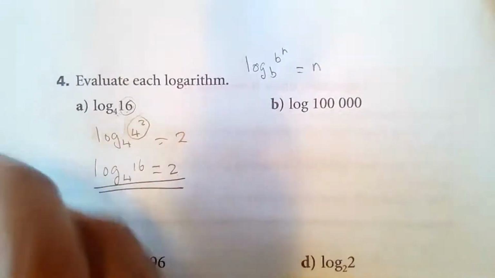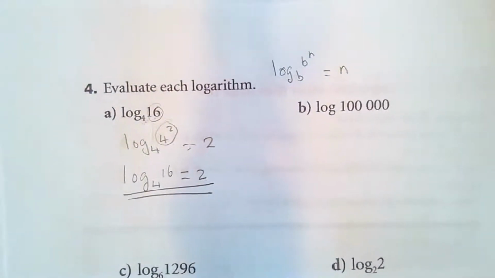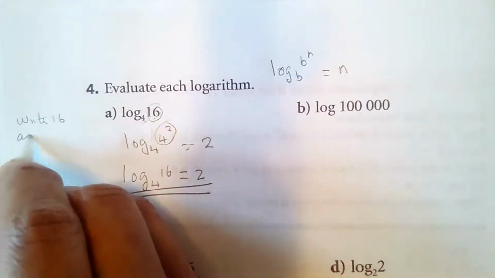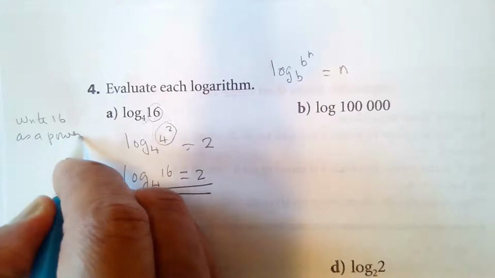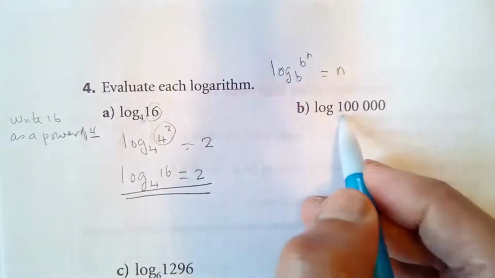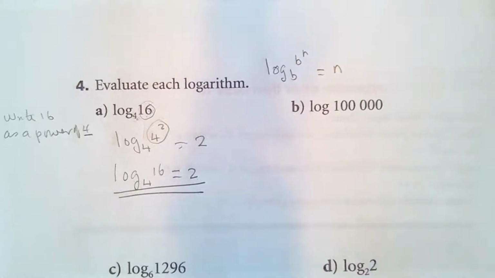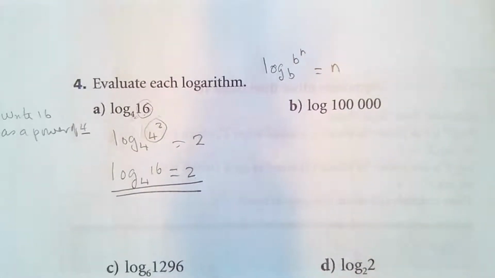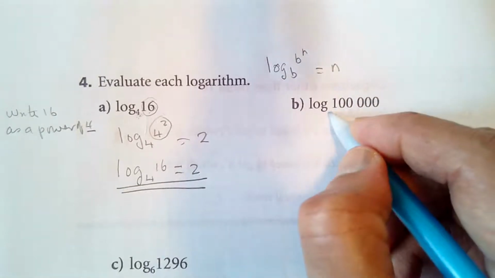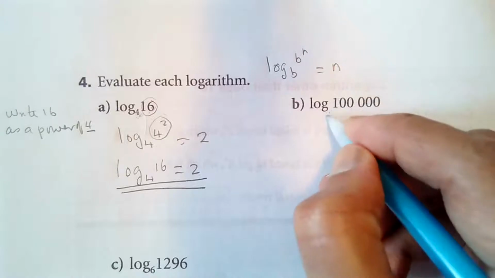So essentially, I'm taking 16 and writing it as a power of 4. I can make a note here: write 16 as a power of 4. And that applies to any log where you have a base. Now, this is a little bit tricky one because when no base is given here, it's understood to be 10.